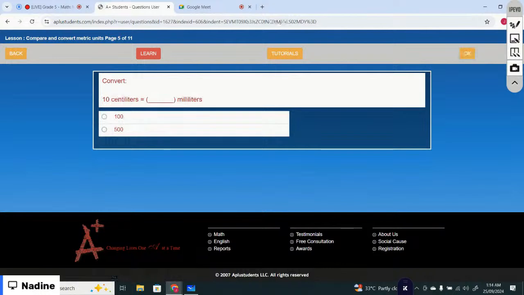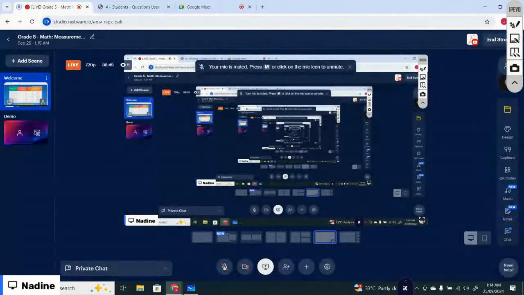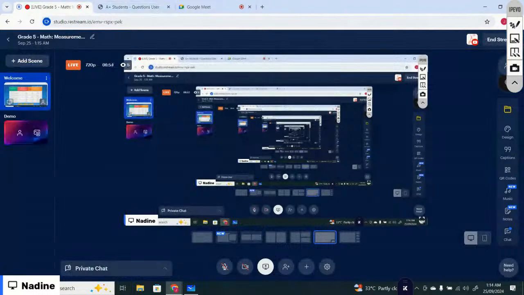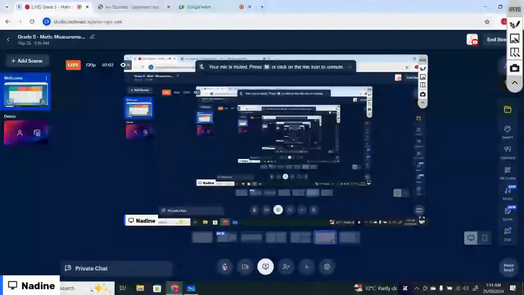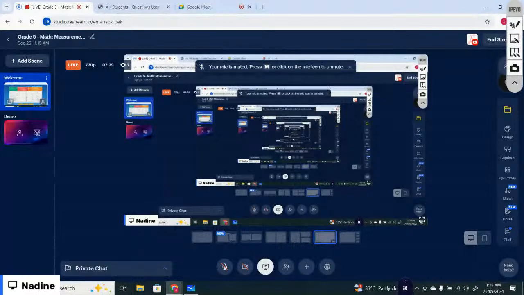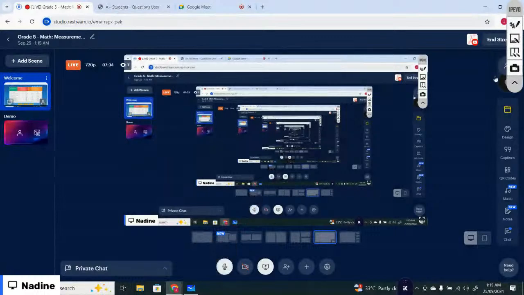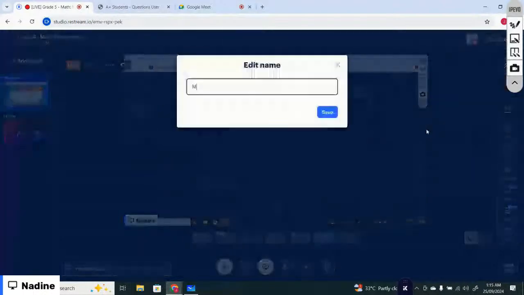10 centiliter equal how many milliliters? Okay, so which is the correct option?